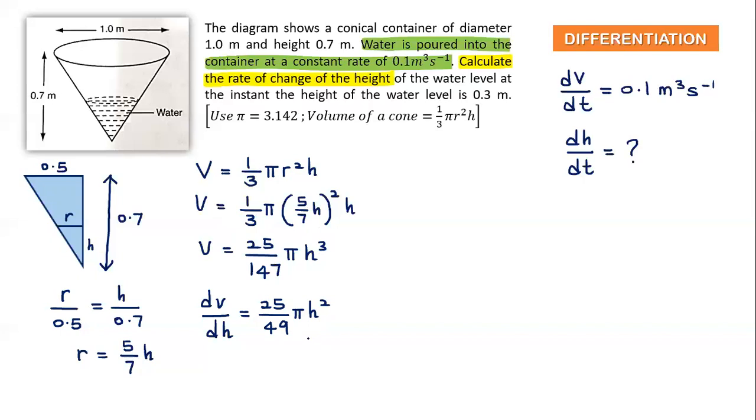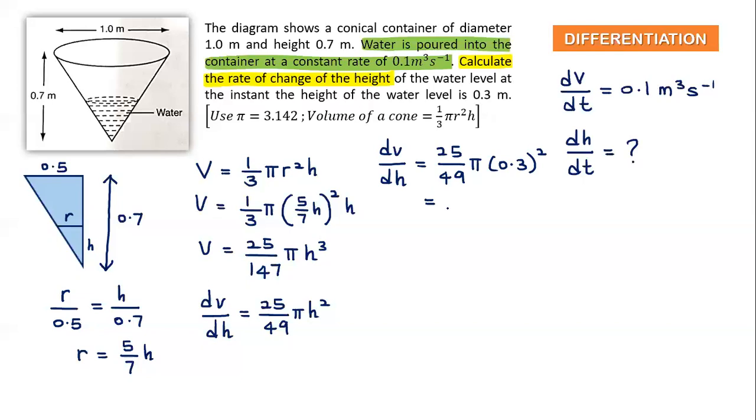Understand? So done. But we still need to do one more thing. Look at this last information here. The water level is 0.3. That means this h is 0.3. Understand? So the dV/dh here is 25 over 49 pi, and your h, given as 0.3, squared.